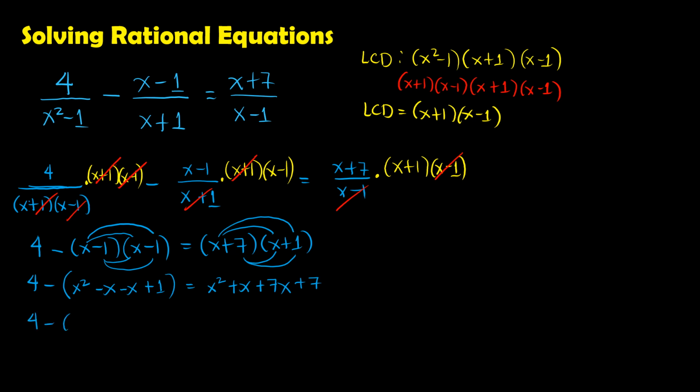Meaning, everything within the parentheses that can be combined, we combine. Negative x and negative x, we can write as negative 2x plus 1. The right side, you have x squared, x plus 7x is positive 8x, plus 7.